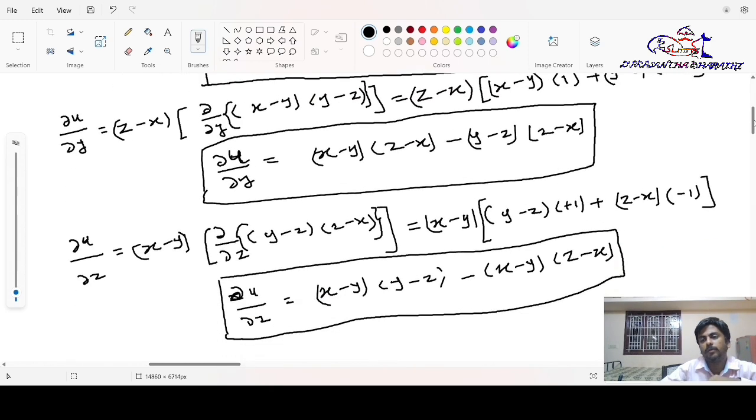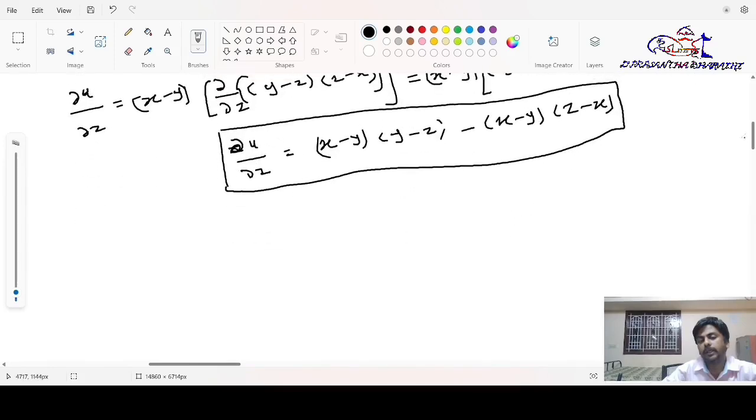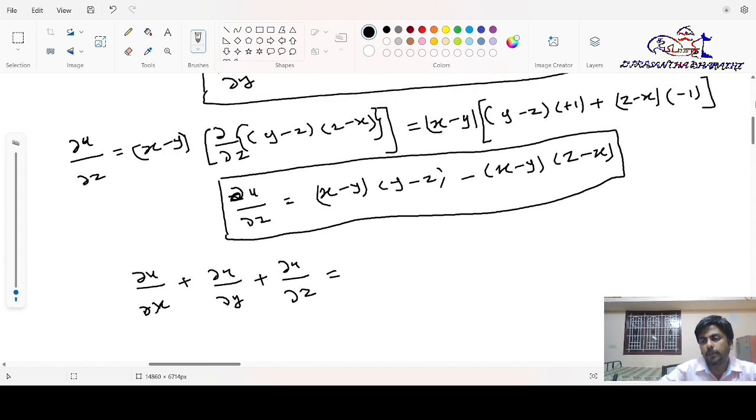So now we are going to add dou u by dou x. That is the question. Dou u by dou x plus dou u by dou y plus dou u by dou z. We are going to add all these three. That is equal to, see, you have to write it separately.